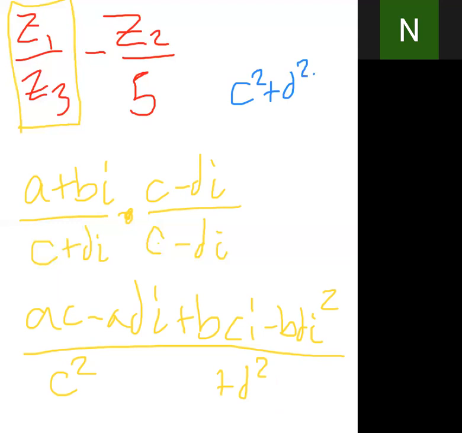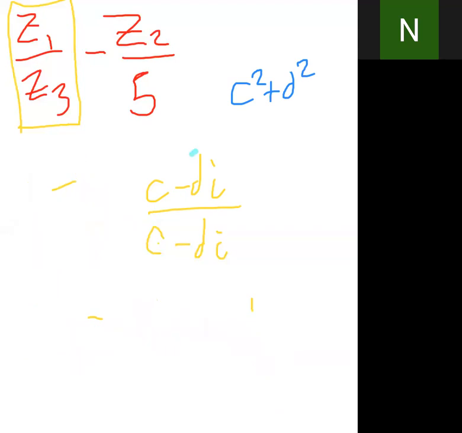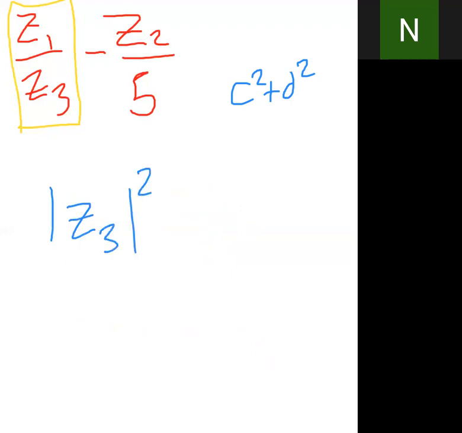Now this is where you can either remember that the denominator just becomes C squared plus D squared, or the other way that it's written in our division formula is as the modulus of Z3 squared, where the modulus of Z3 is the square root.